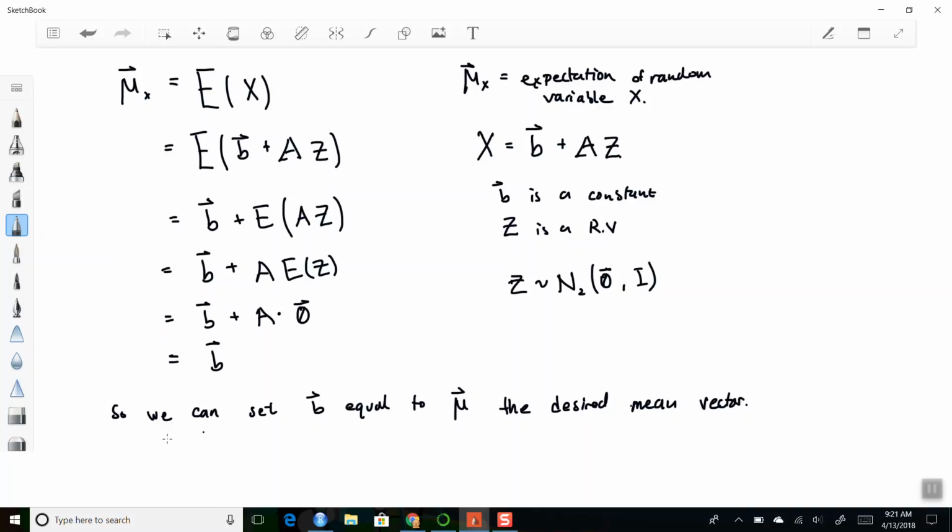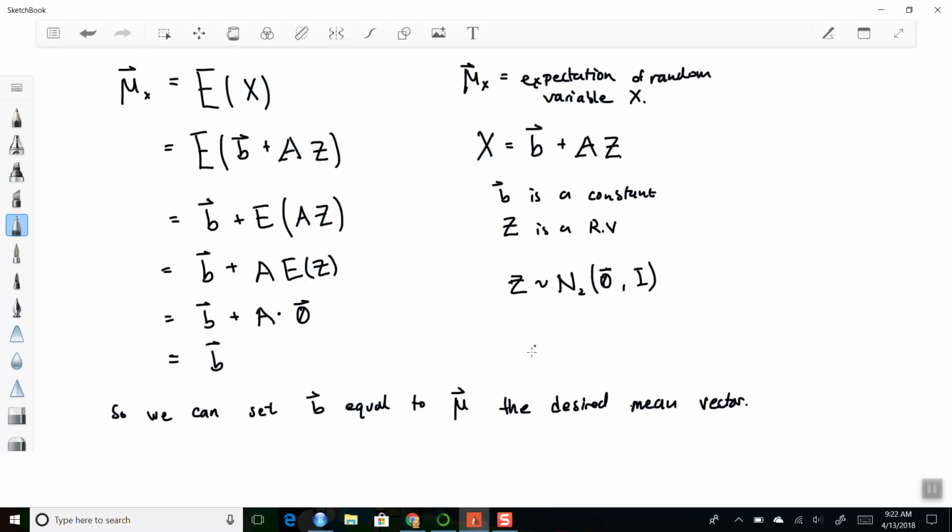So okay, our goal, I probably should have used a different letter here, okay? But our goal is to have some variable that has mean vector mu, okay? And what we're saying is we're going to define this variable x as a vector b plus the matrix A times some independent standard normal values, okay?